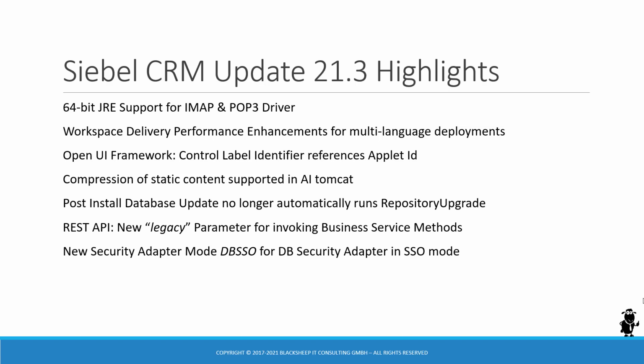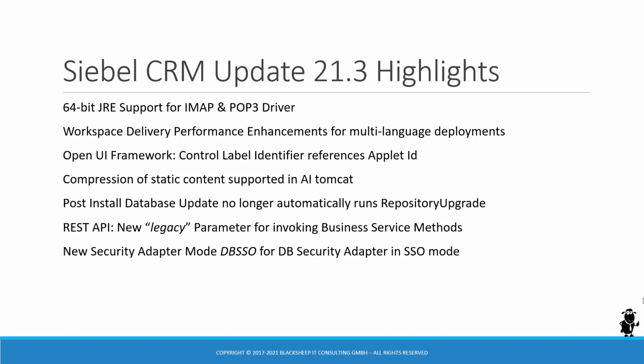The AI Tomcat now supports officially compression of static content, so that's documented in Bookshelf now. The post-install database update no longer automatically runs the repository upgrade feature, so you can run this manually and optionally. There has been a new parameter in the REST API for business services called Legacy.